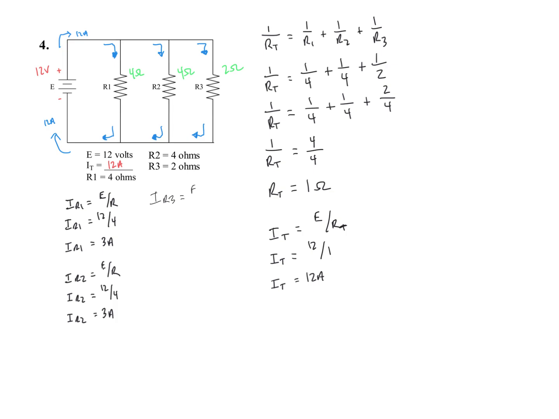IR3 is equal to voltage divided by resistance, 12 divided by 2. And so IR3 is 6 amps.